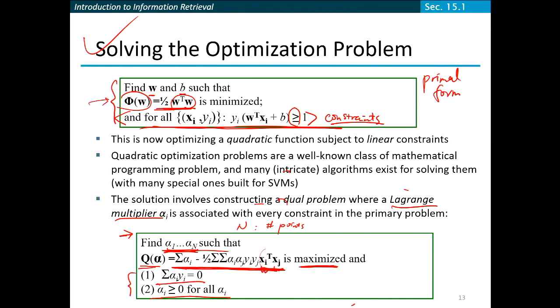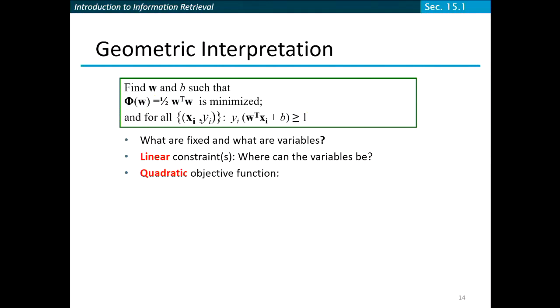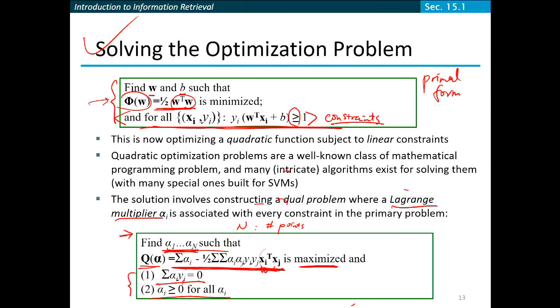Now the constraint here is like this. First of all, the sum of alpha i yi, where y are the labels, equals 0, and all the alpha i's should be greater than or equal to 0. The actual derivation is not important, but I want you to observe that these are linear constraints. So essentially, you want to optimize a quadratic function with respect to a set of linear constraints.